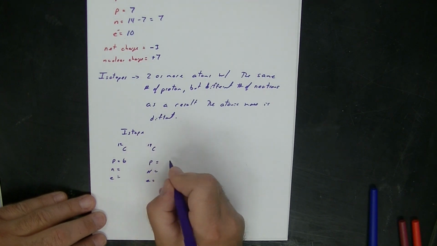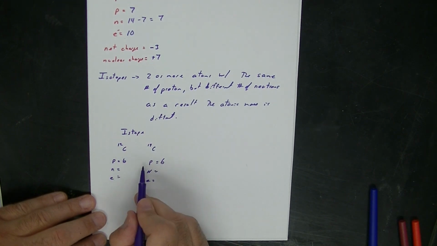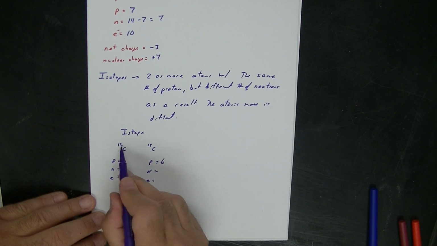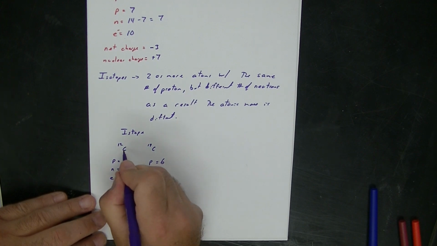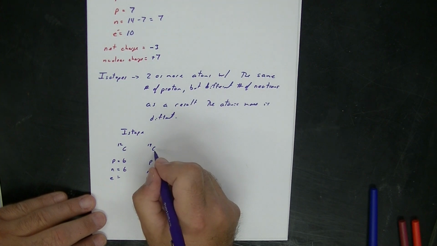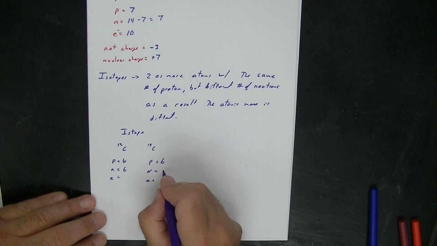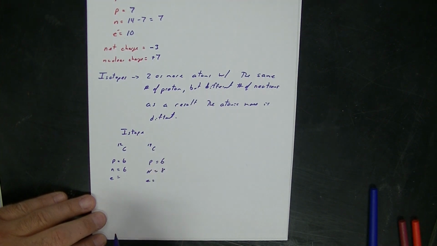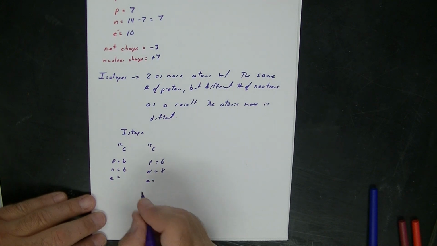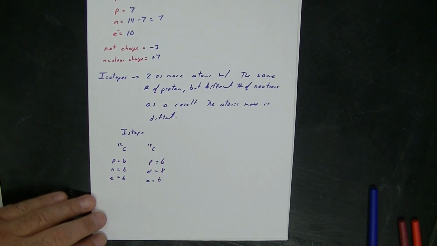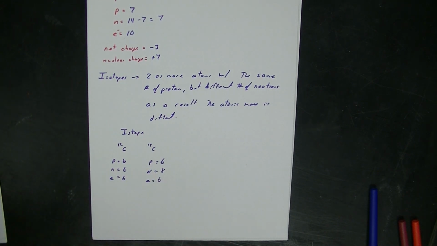They're both carbon, so they both have 6 protons. 12 minus 6 is 6 neutrons for carbon-12. Carbon-14, 14 minus 6 is 8. They are both electrically neutral, so they each have 6 electrons.